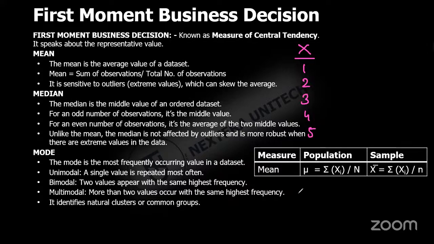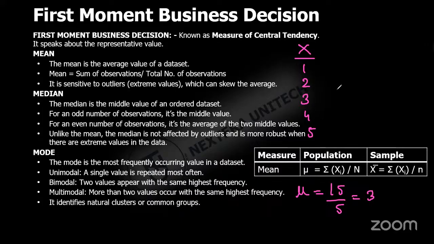So, mean is equal to sum of the observations, 1 plus 2 plus 3 plus 4 plus 5. It means 15, divided by number of observations, which is 5. So, this will return me 3. So, 3 represents the entire data. 3 is my center value, the representative value for this data.